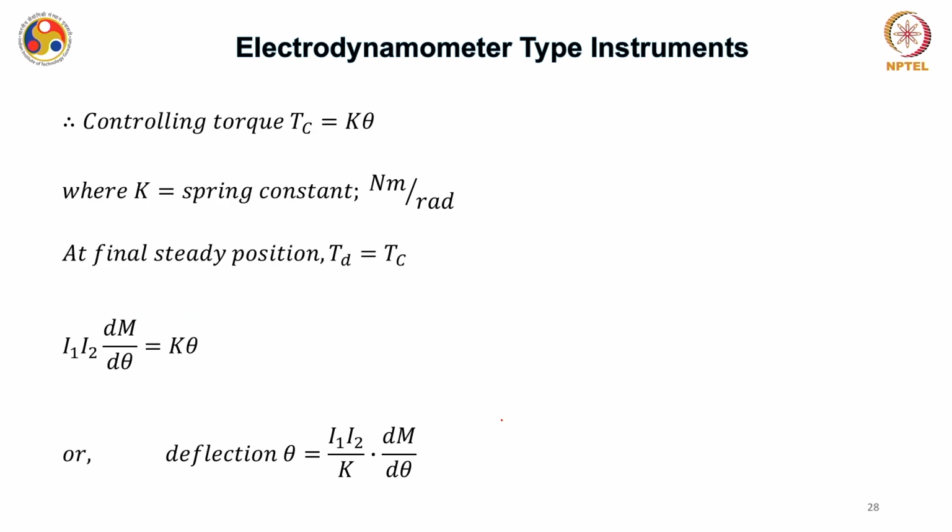Now the controlling torque is again provided by springs, so Tc is equal to K theta, where K is the spring constant.